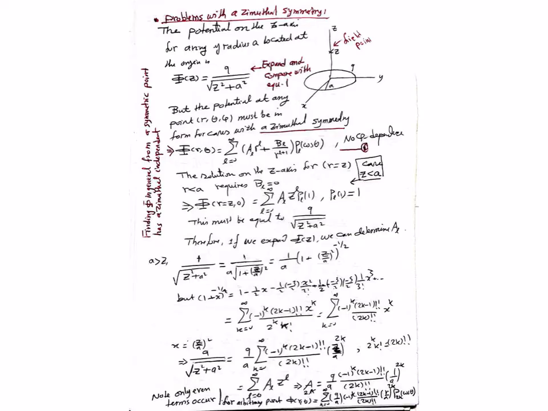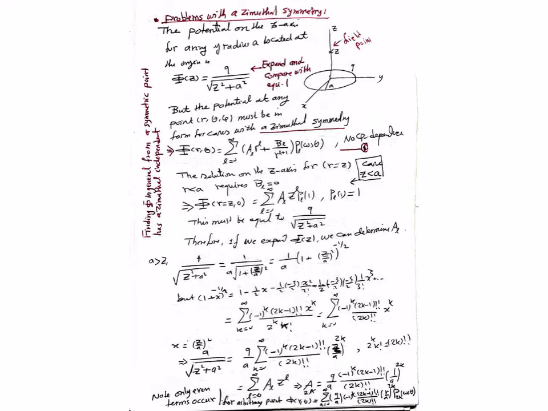Now let's apply this to a problem which possesses azimuthal symmetry. This problem is a circular insulating ring which has a charge Q distributed uniformly on the ring.